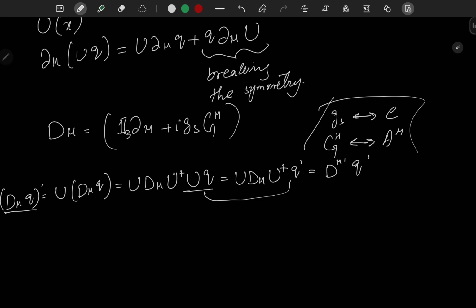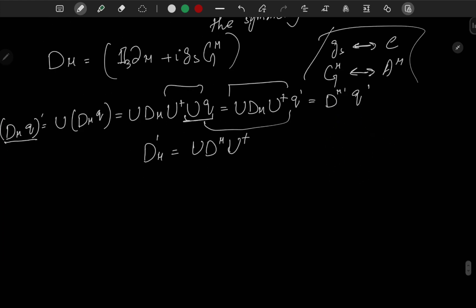Okay, so let's see the transformed version of this. We plug in the unity, and by manipulating this we get Q prime, because Q prime transforms like this. And by doing this we see that the prime version of d mu is U d mu U dagger. Okay, now let's move on to the real calculation.